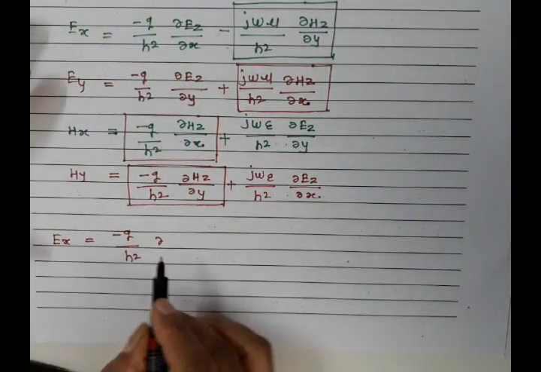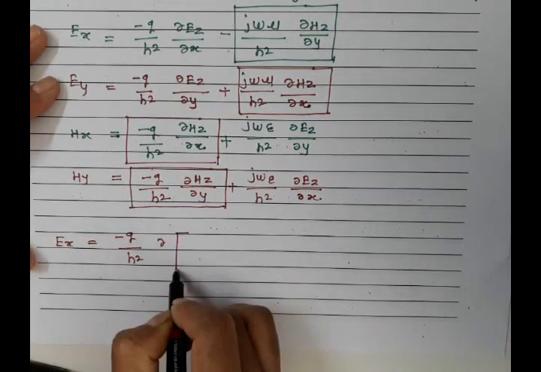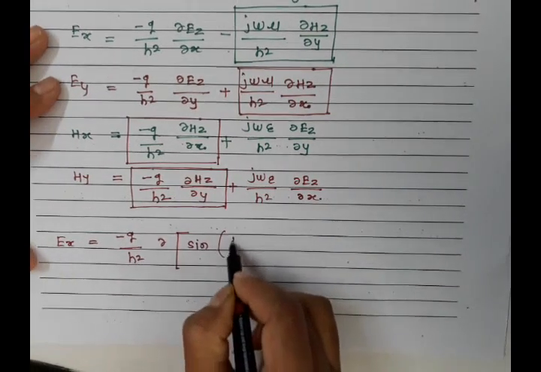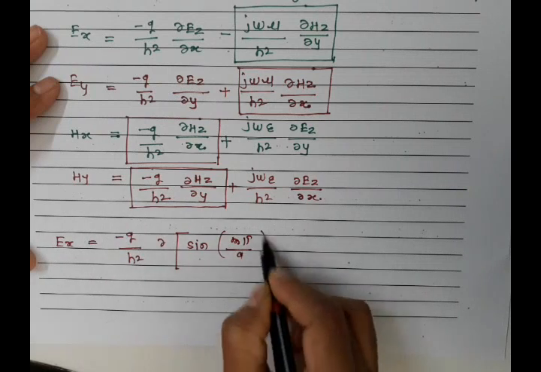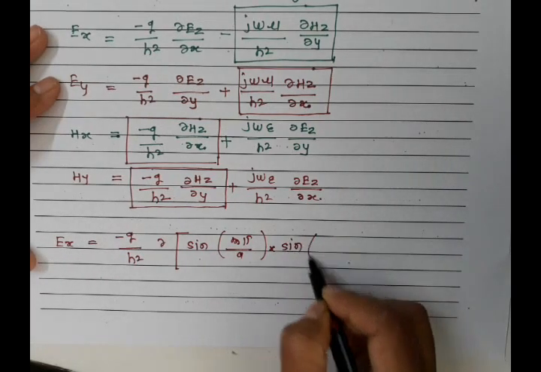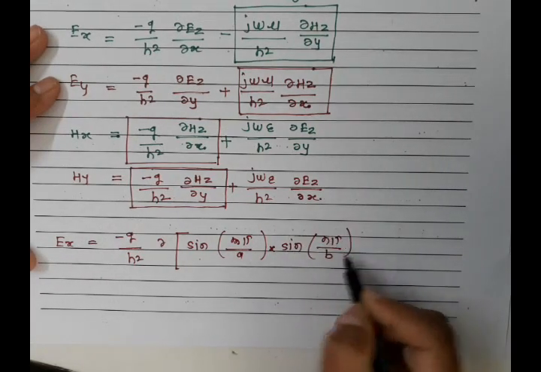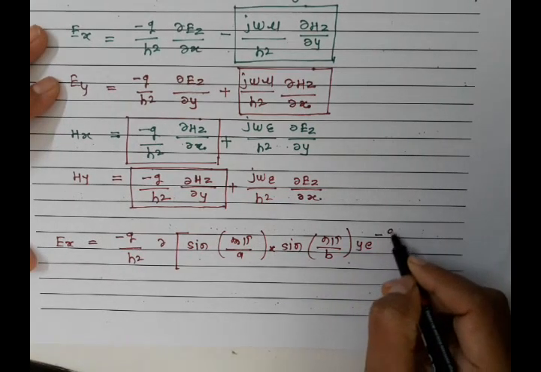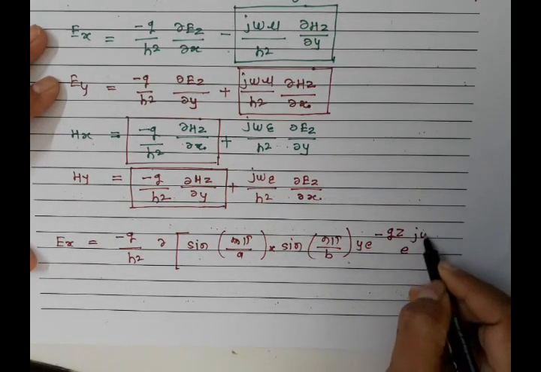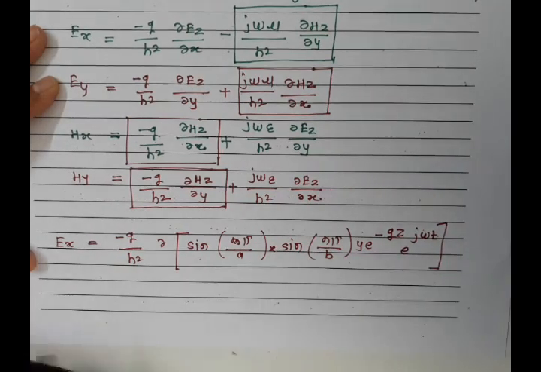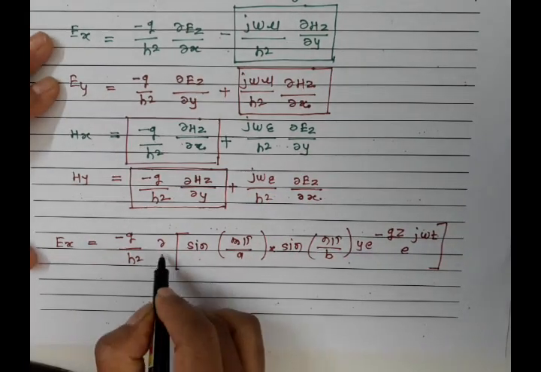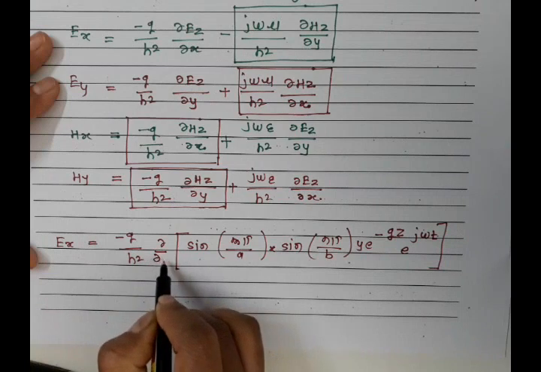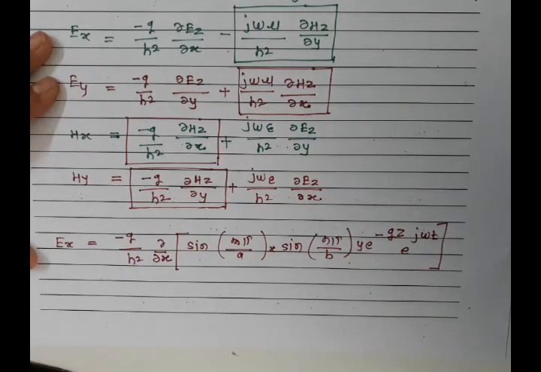I'm just writing d of c sin of m pi by a x sin of n pi by b y e raised to minus gamma z e raised to j omega t. So this is your d by dx.